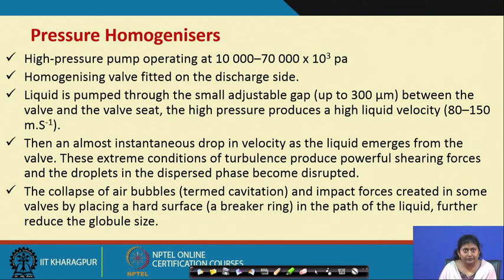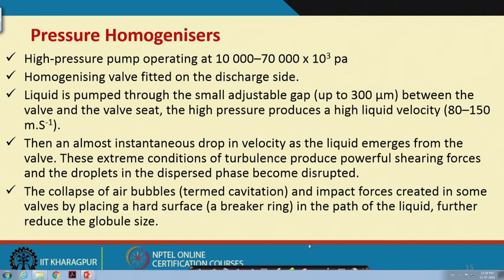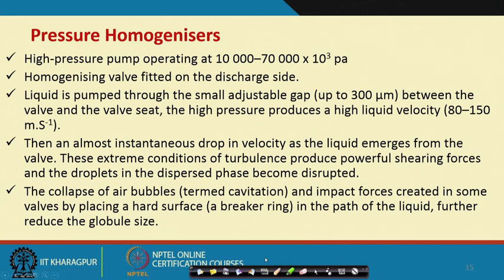The collapse of the air bubbles, called cavitation, and impact forces created in the valve by placing a hard surface, or sometimes a breaker ring, in the path of the liquid, can further reduce the size of the globules. So, because of turbulence and cavitation, the size of the globule is reduced by the pressure homogenizer action.